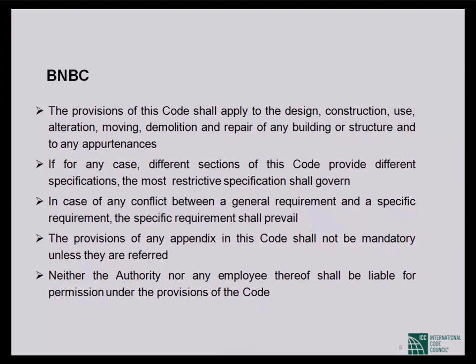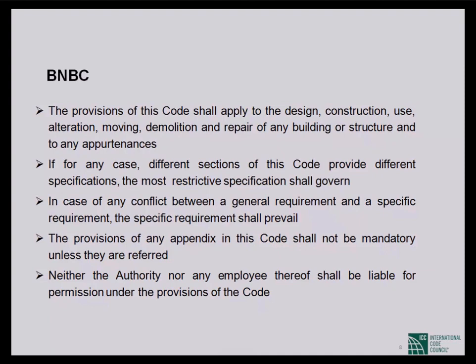For example, if there is some debate between part 4 and part 8, actually part 4 is fire prevention, and part 8 is HVAC or other things. There are sometimes some conflicting data because different people write them. In that case, the most restrictive specification will govern.